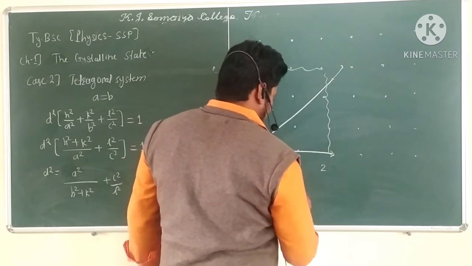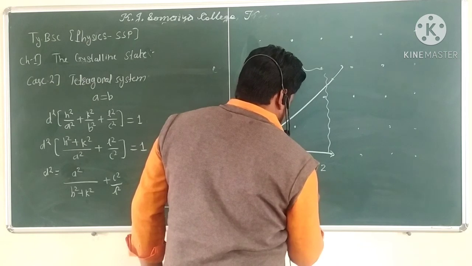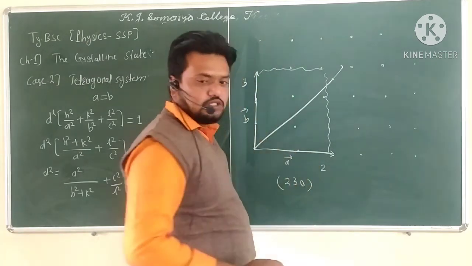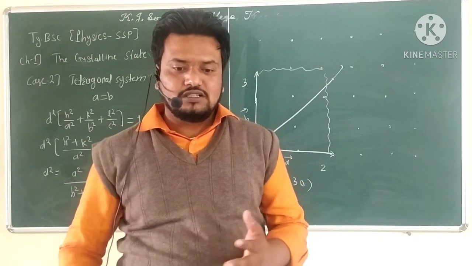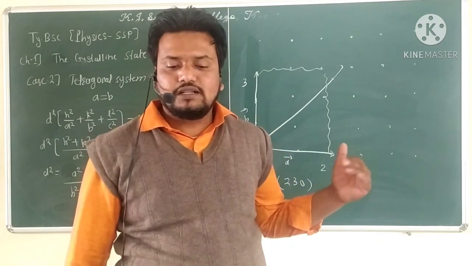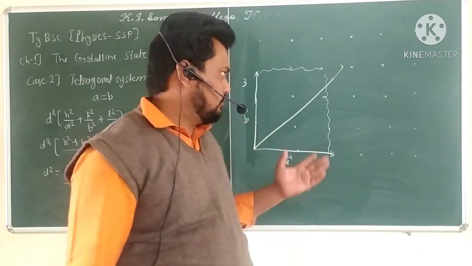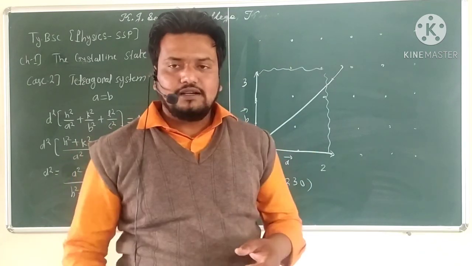So that's why we consider this as the 2-3 plane, or the Miller indices of the crystal direction, denoted by vector r as 2, 3, 0. So this is the idea.